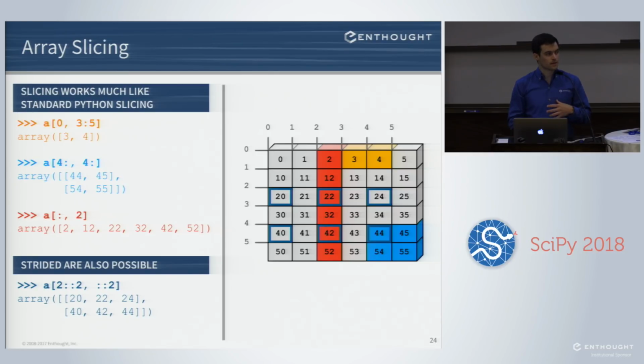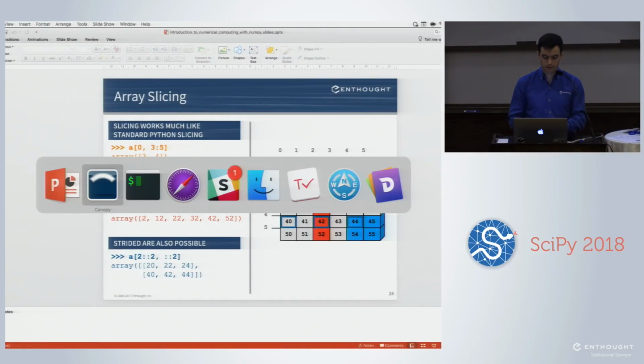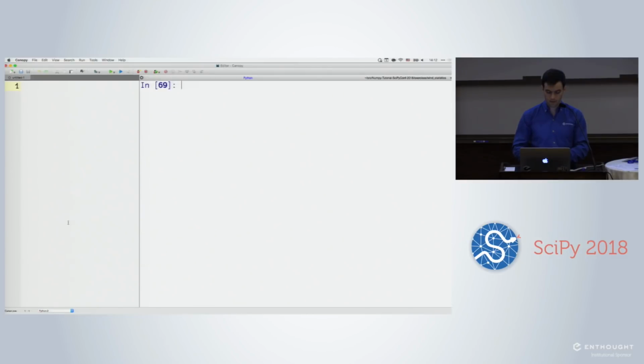So one way to reason about this is if you have a Python list, just a plain Python list. I'm going to go to IPython for a second. So you have a plain Python list like this. If I index, so if I get one element at a given position, I drop a dimension. Right?